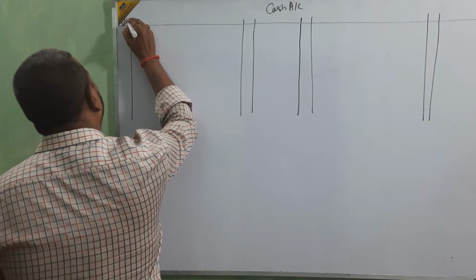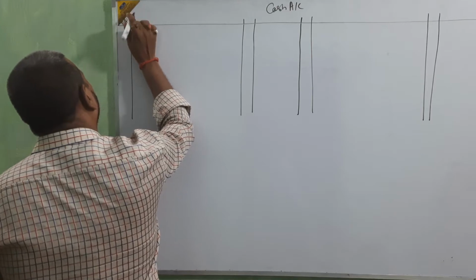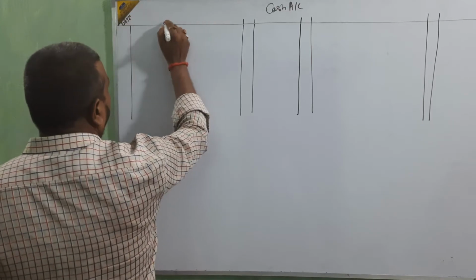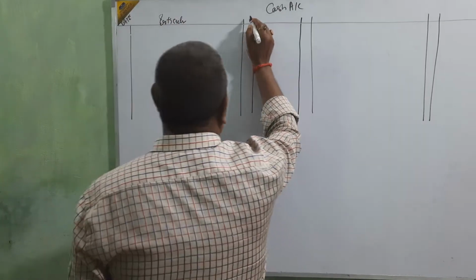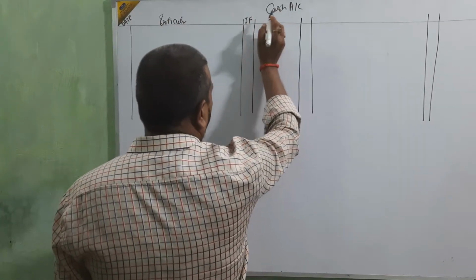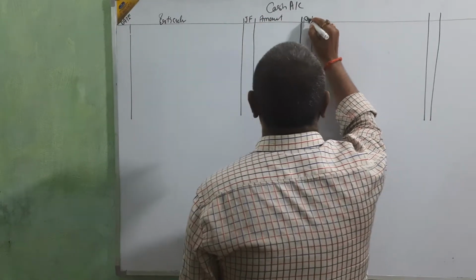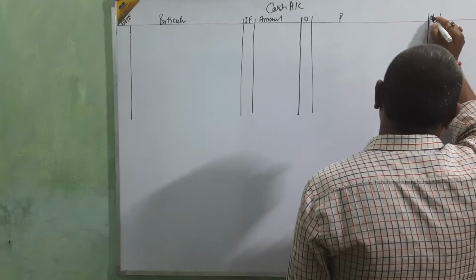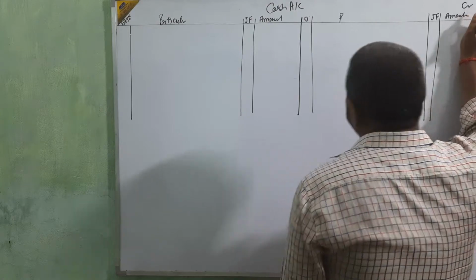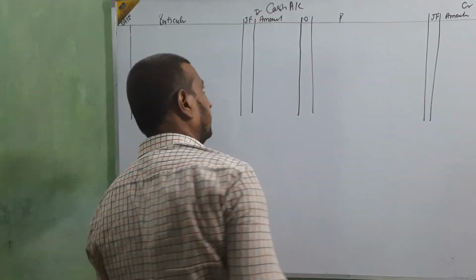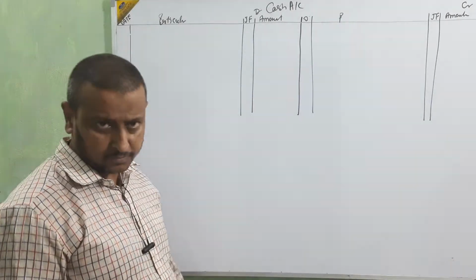It has a date, a particular, a JF, general folio, and amount. Same again: date, particular, JF, amount. Credit is this side, debit is this side. Okay, beta, this is the pro forma of the ledger.